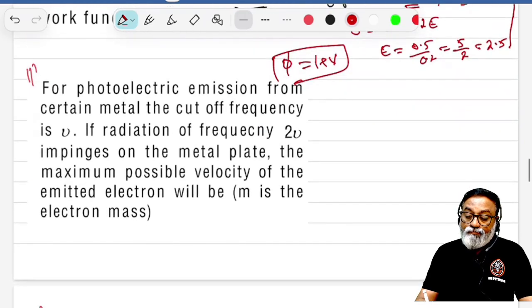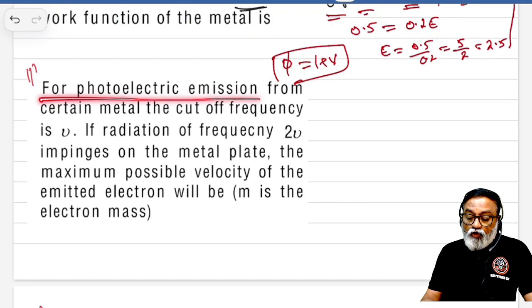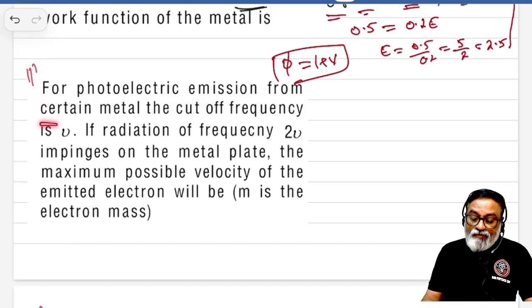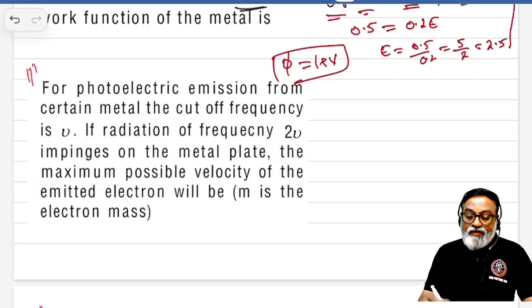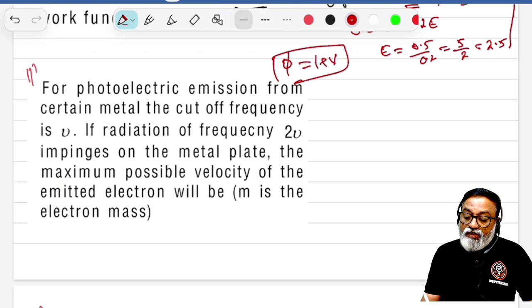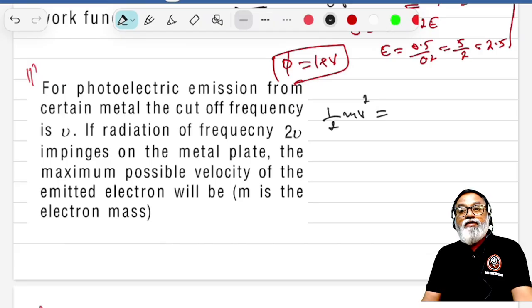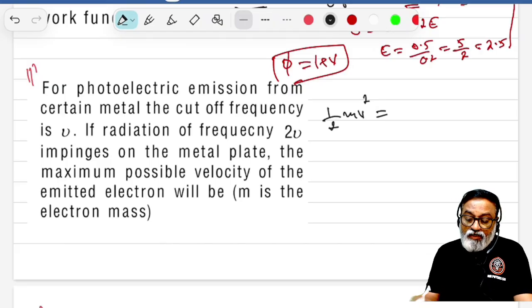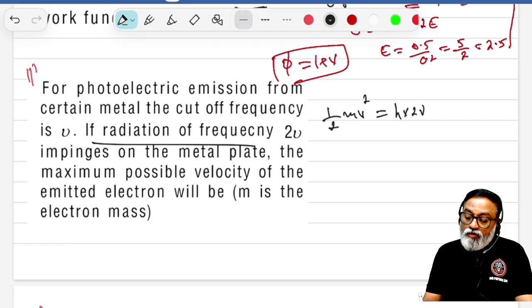Next one. For photoelectric emission from a certain metal, the cutoff frequency is nu, meaning the threshold frequency is nu. If radiation of frequency 2 nu impinges on the metal plate, what is the maximum possible velocity of the emitted electrons? See, maximum kinetic energy, half m v squared, is equal to incident energy, h into 2 nu, minus work function h nu naught.